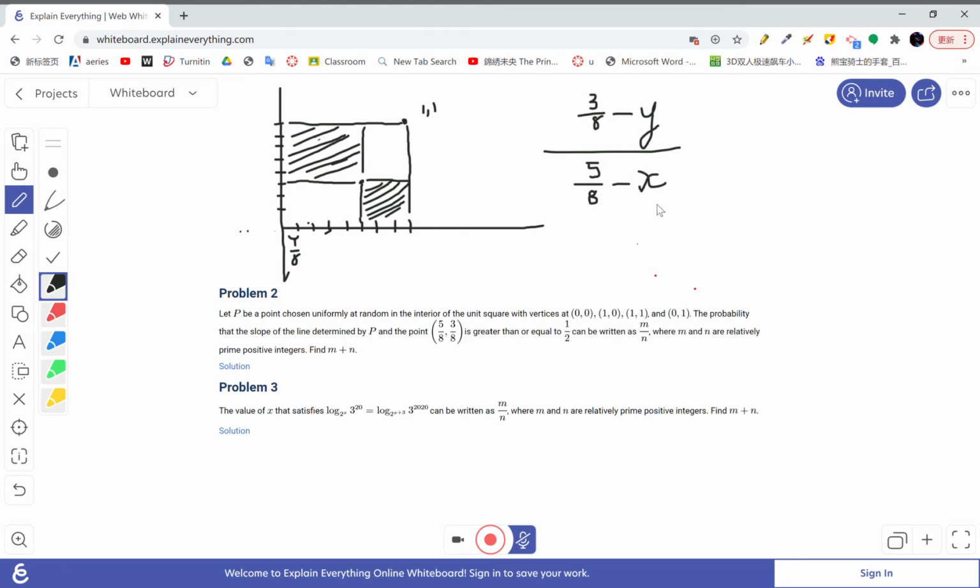Given if x is 0, then what is y going to be? If this is 5 over 8, then in order for the slope to be 1/2, you have to have 1/16. So we know that the y-intercept is going to be 1/16.